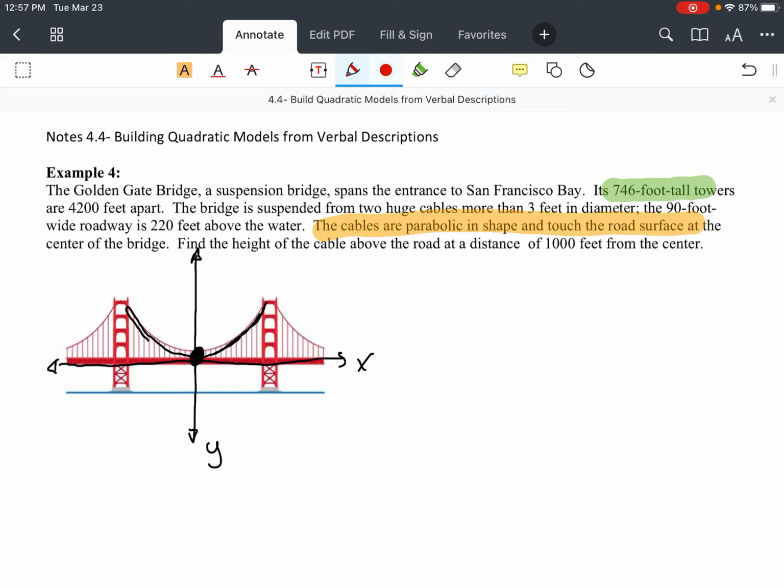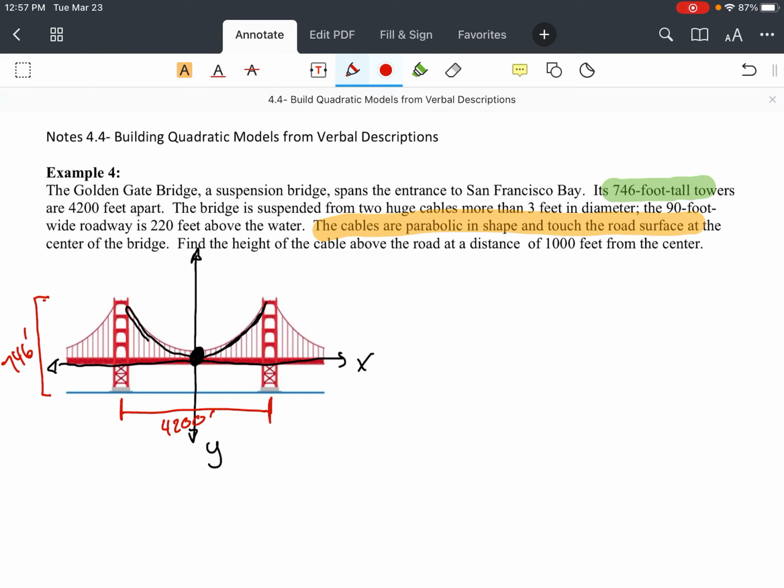So we know that from top to bottom, the towers are 746 feet. The next thing you'll see is that from here to here, the towers are 4,200 feet apart. The bridge is suspended by two cables, and so on.